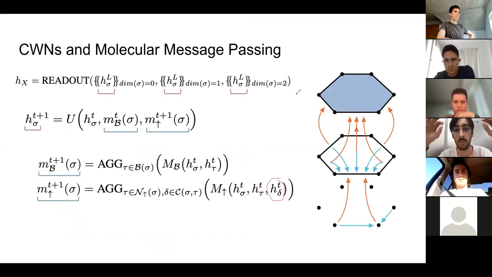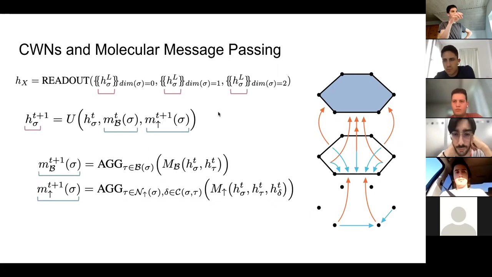Two nodes would be upper adjacent because, for example, they are part of the same edge. So if that is the edge where the information has been transferred to, then when message passing happens between these two nodes, you also get the features from the edge. And so this would effectively transfer the information from the edge to the target node.